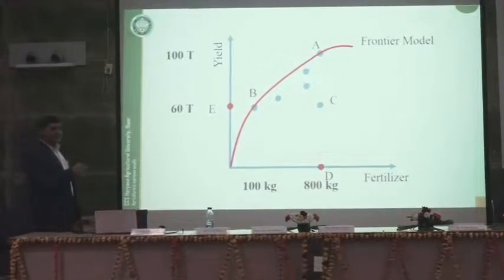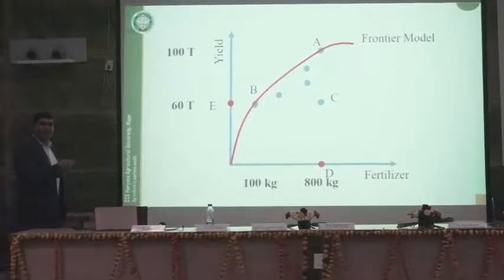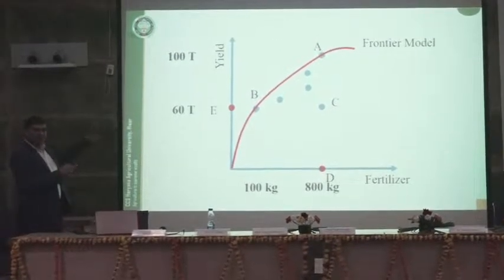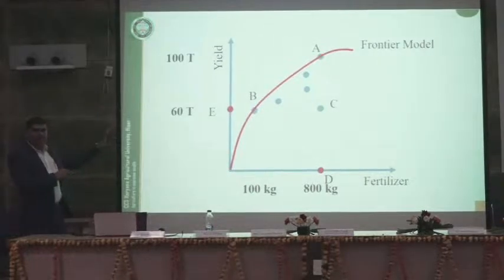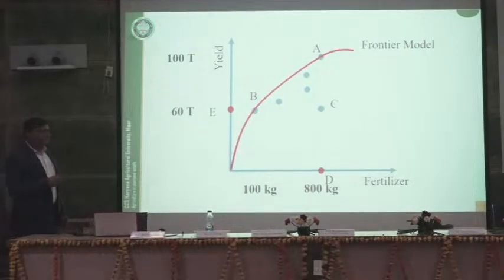Okay. What is the difference between linear regression and frontier model? You can see here the difference between frontier and linear model. Yes. Frontier is the maximum. Frontier model gives the maximum output based on inputs.